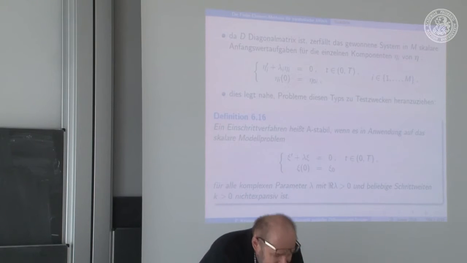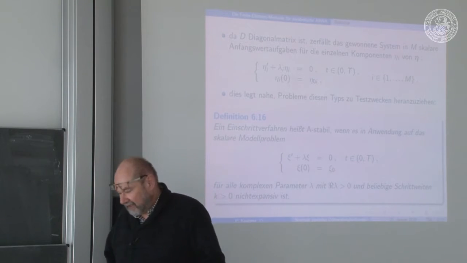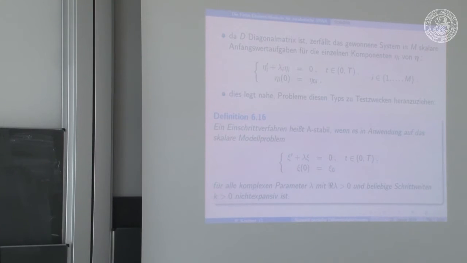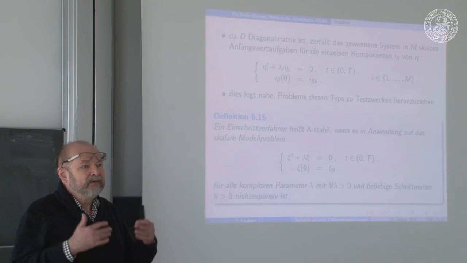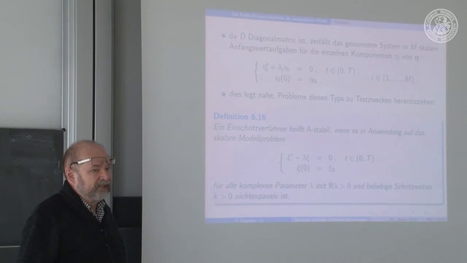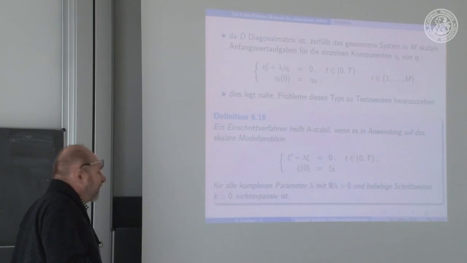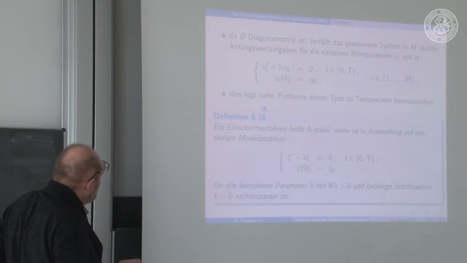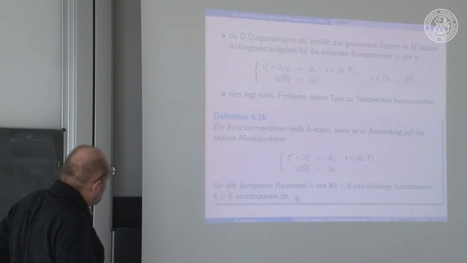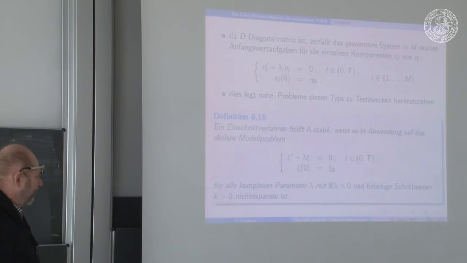So in some sense, it is basically the same as saying I'm only looking at the diagonalizable case, or saying I'm looking at the one-dimensional model problem. Because the one-dimensional model problem, that is this scalar ODE with a factor lambda, is representative as long as we can diagonalize.